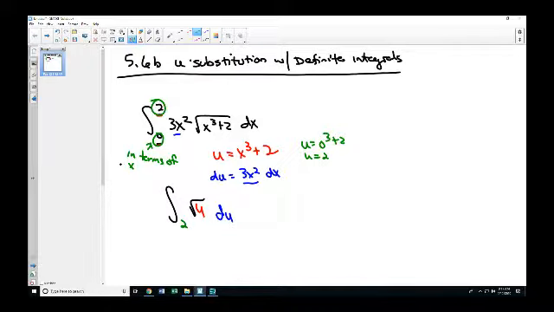And then I plug that in as well, right? 10. And that goes there. Now you don't have to touch x again.